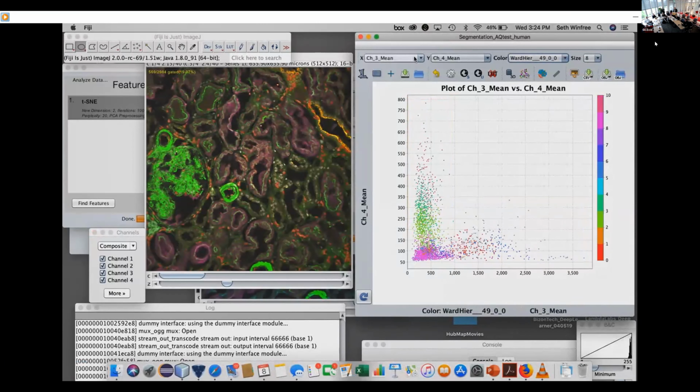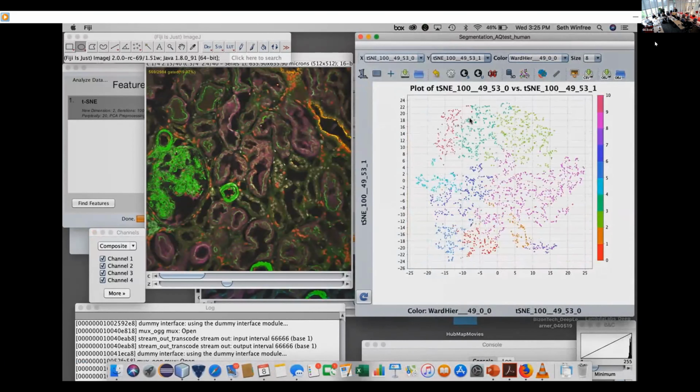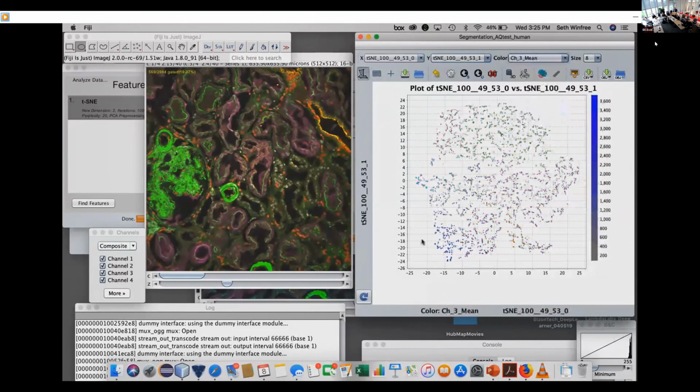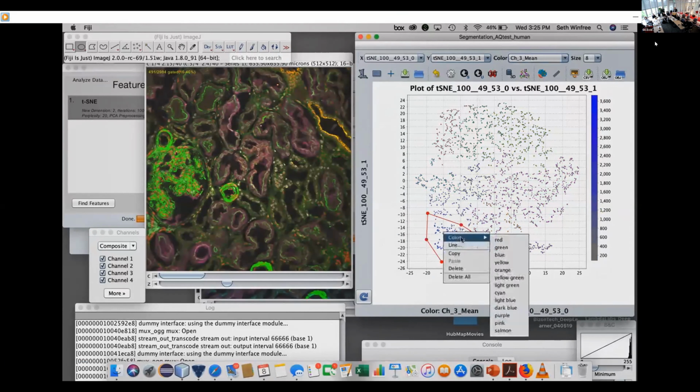So here I've applied a hierarchical clustering to the original data set, so the intensity measures, to try and pull out subpopulations. And here's just doing it with dimensionality reduction to get a better separation of that space. And then associating intensity right there, pull out just the F-actin of the green positive cells, so those ones that are highlighted on the left-hand side.